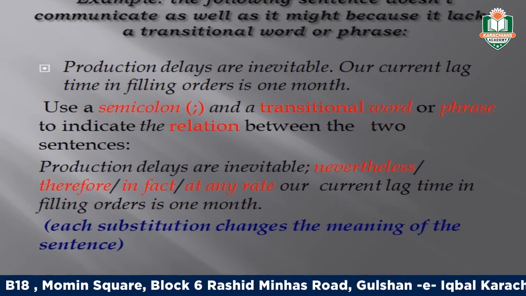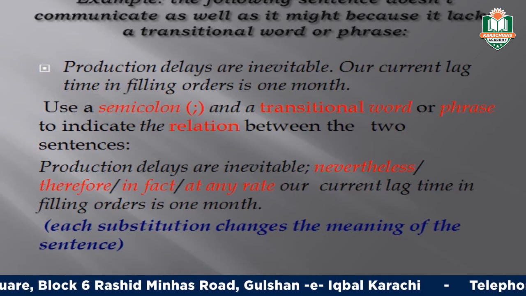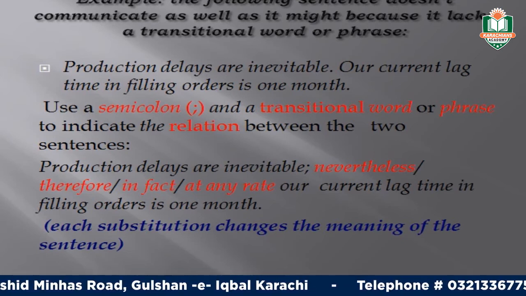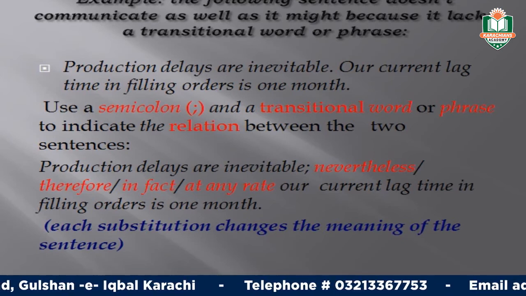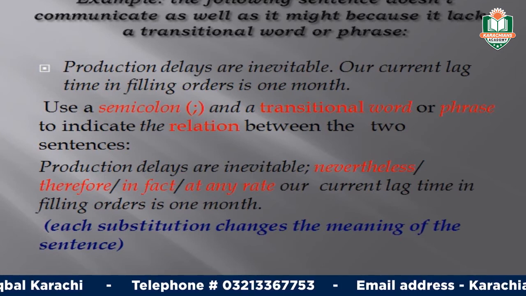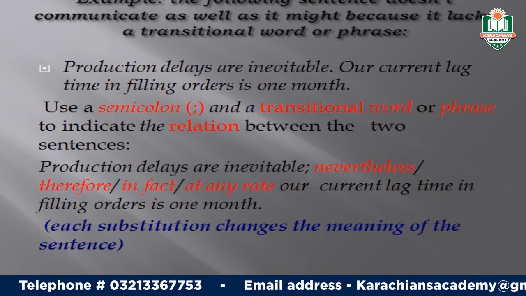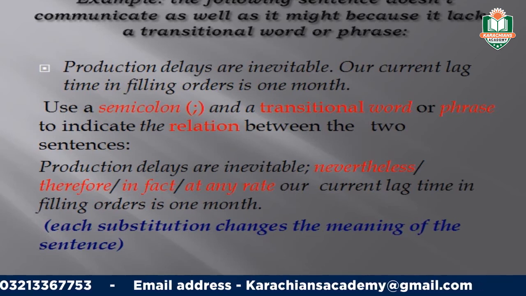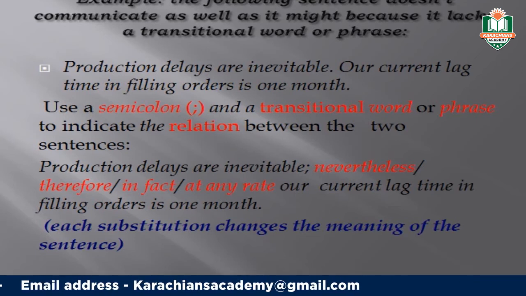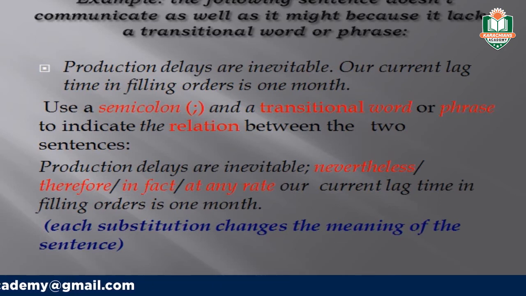How do we join these two sentences together? We can use the words nevertheless, therefore, in fact, at any rate. Now, if we add nevertheless, then definitely the sentence will have a different meaning. If we add therefore, the sentence will have another meaning. And if we join these two sentences with in fact, then it will give us a different meaning.